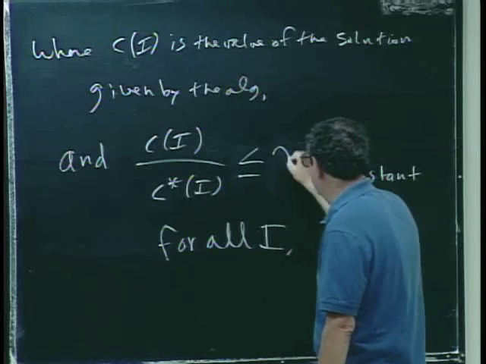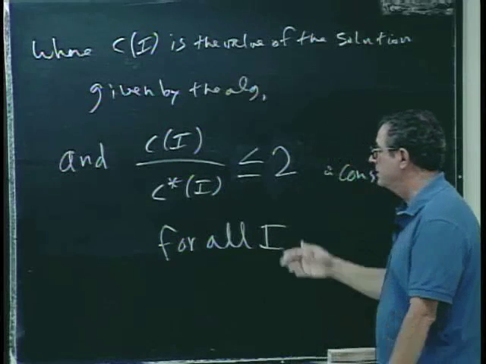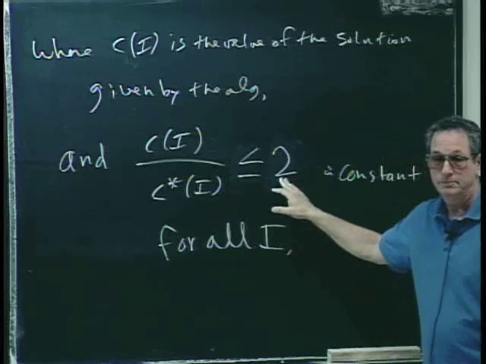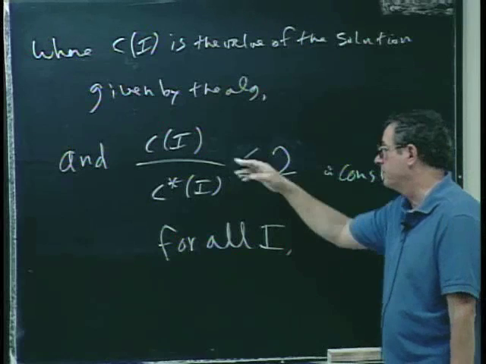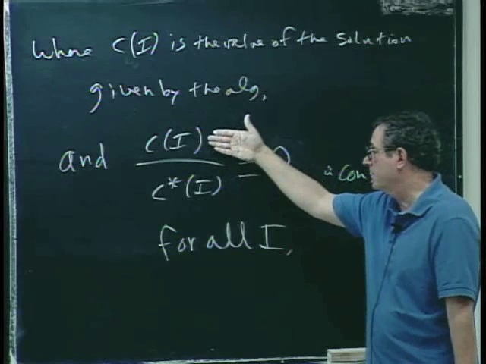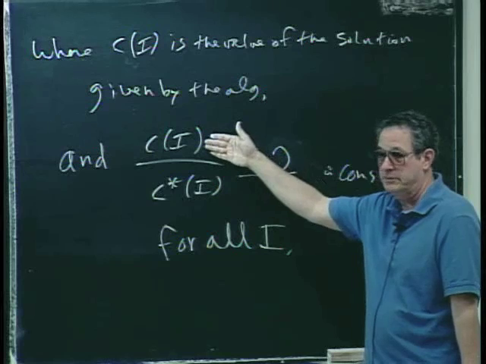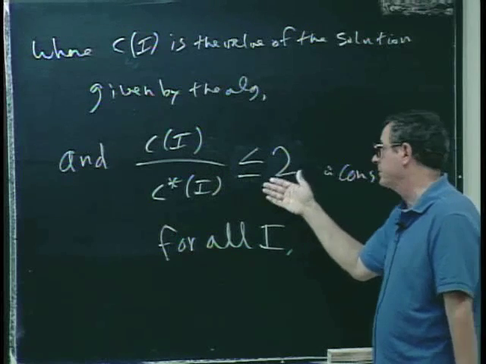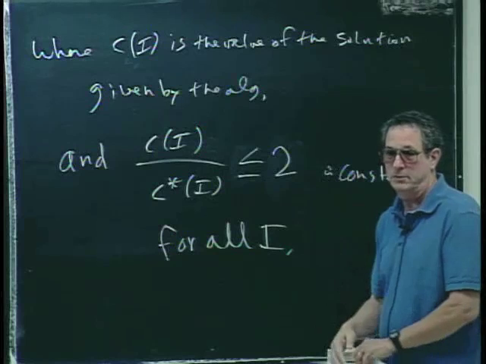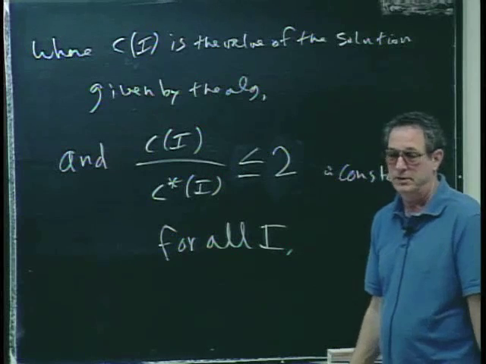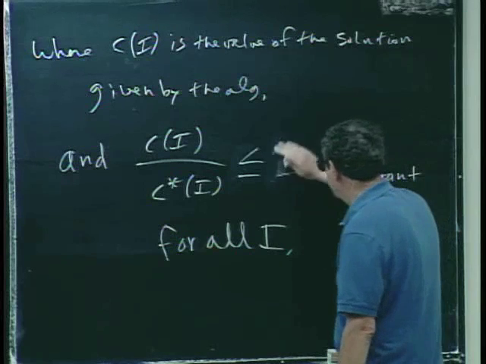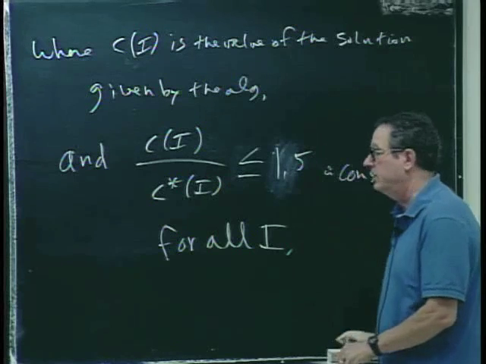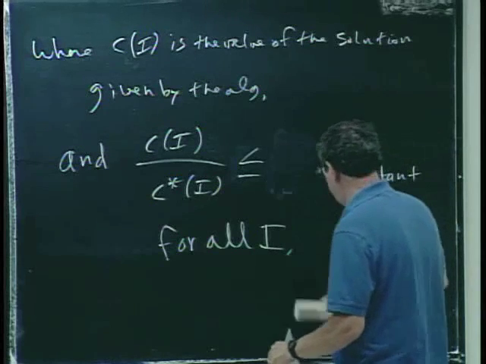There are some around there. It's not uncommon to get something like 2. Algorithms where the ratio of what the fast algorithm puts out to what's the actual best is bounded by 2. And there are algorithms where it's 3. There are algorithms that go up to 5, 6, 7 that people have found interesting. There are a couple that I know of that are like 1.5, 1.3, and so on. But 2 is a very common ratio.